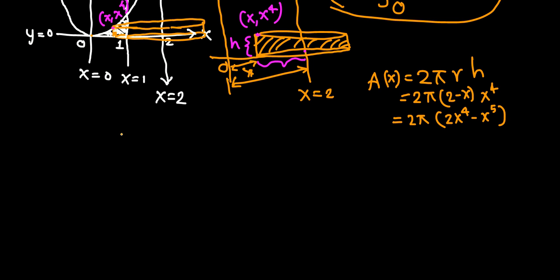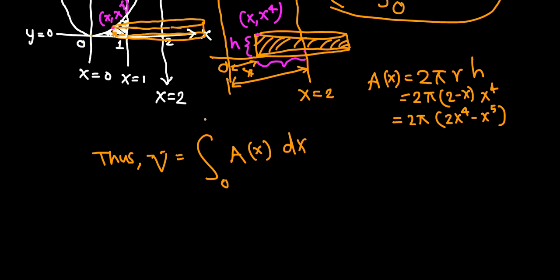Thus the volume is given by the area of the cylinder times dx, going from 0 to 1. This is the surface area of the cylindrical shell we just found, and 2 pi can be pulled outside. A is 2x to the fourth minus x to the fifth, dx.